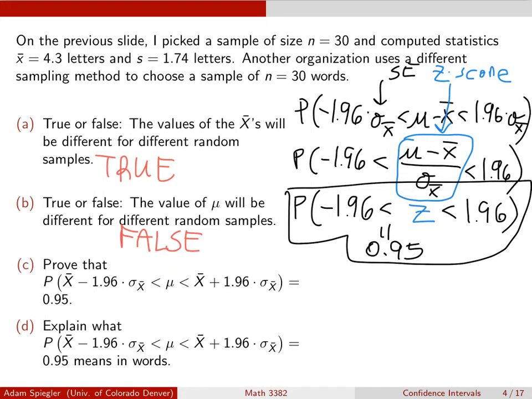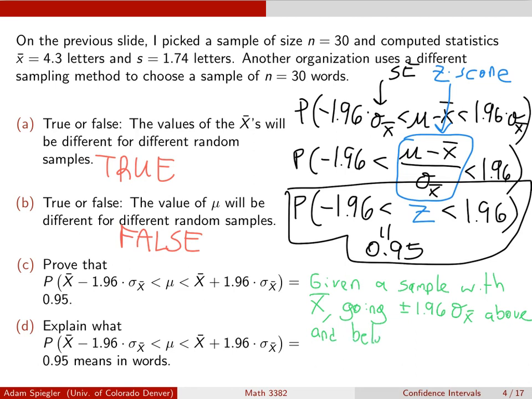So what does all of this tell us? That's what part D is asking us to interpret, what this interval means. If I pick a sample, and from that sample I calculate a mean, given by X bar, then if I go 1.96 times the standard error of the sampling distribution, either above my mean or below my mean, by adding and subtracting that to that mean value, I get an interval of values.